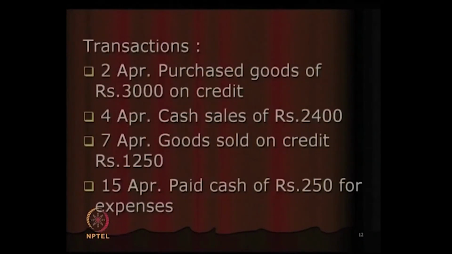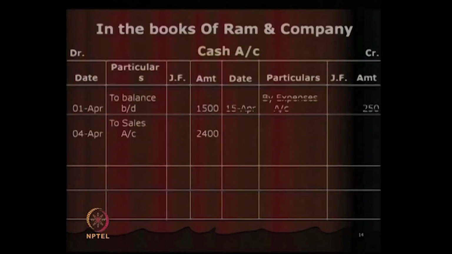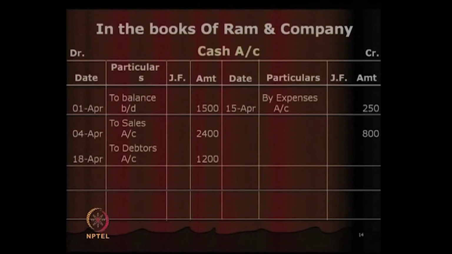So you can see here we have recorded transactions of 4th and 15th. Now any other cash transaction here? 18th April, cash received from debtor 1200. So cash balance is going to increase. That is why on debit side I have written 18th April to debtors account 1200.